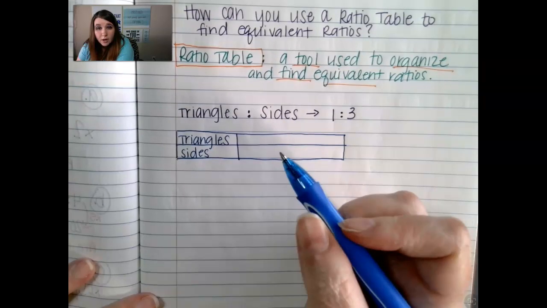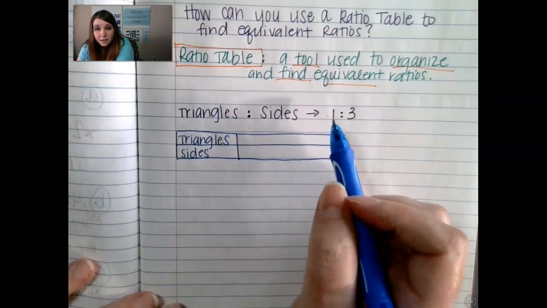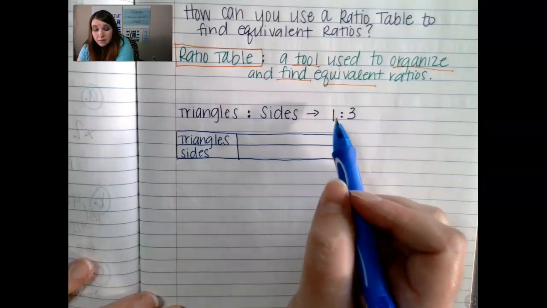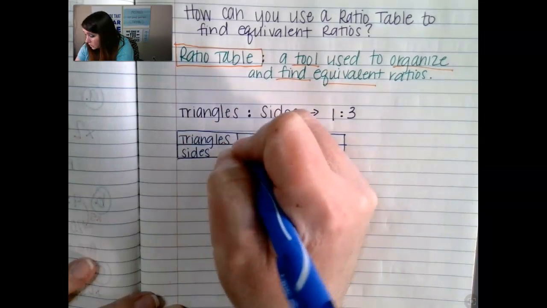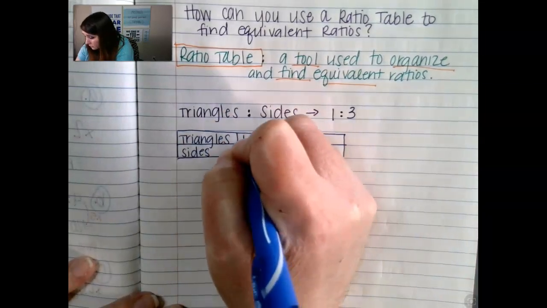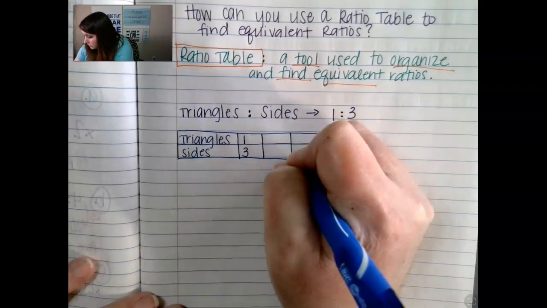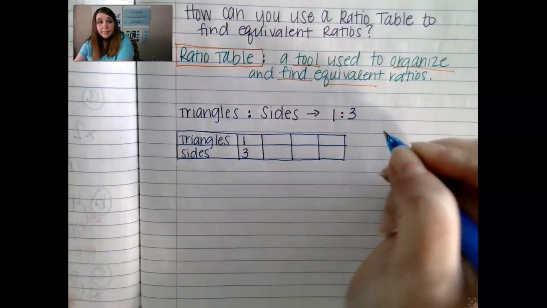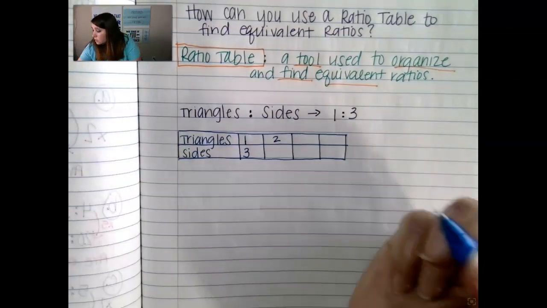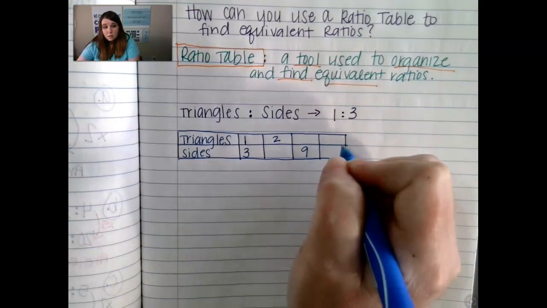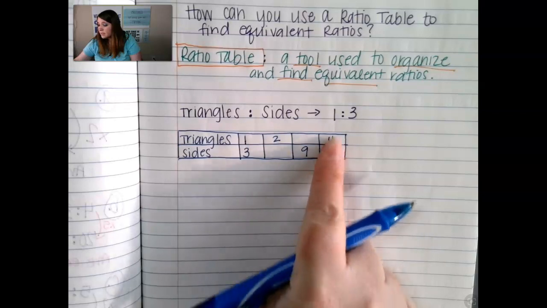You can take triangles and their sides and you can now find equivalent ratios using this starting ratio. Our starting ratio is 1 to 3. Okay, let's say that I want to find 2, 9, and 4. So let's say that I have a ratio table that looks like this.